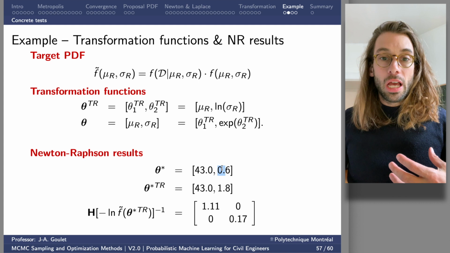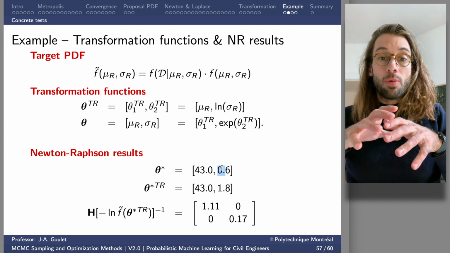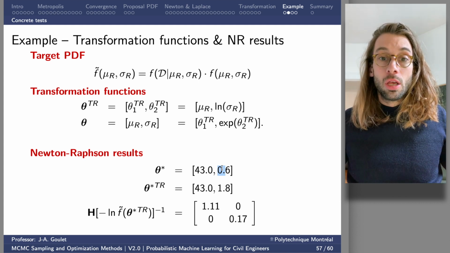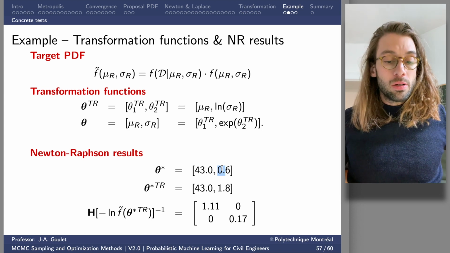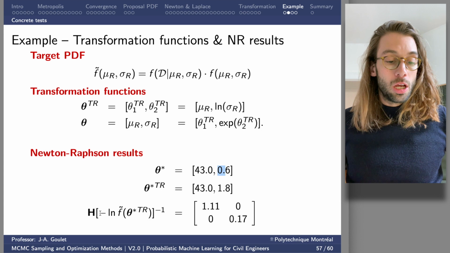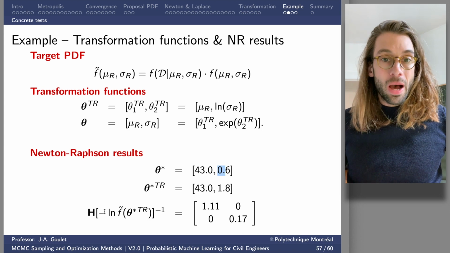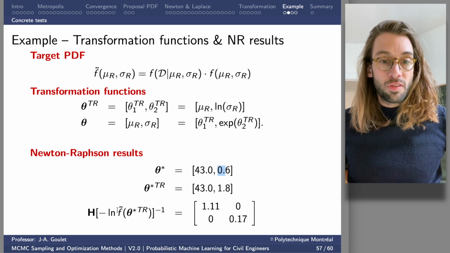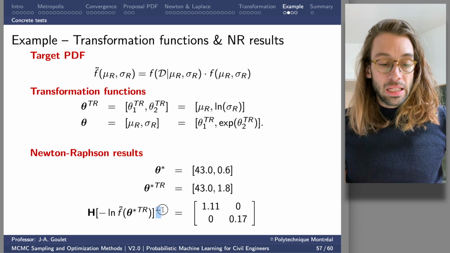Now, if I want to calculate my Laplace approximation to approximate my posterior, or the covariance of my posterior, I take the Hessian of minus the log of my target function evaluated at my MLE value, and I take the inverse of this.